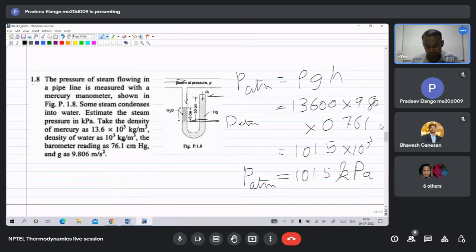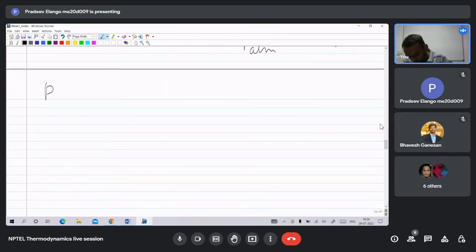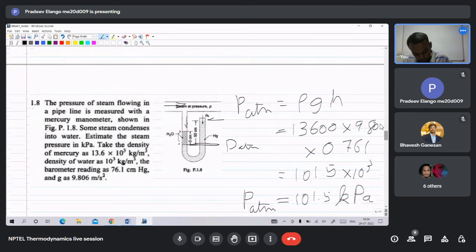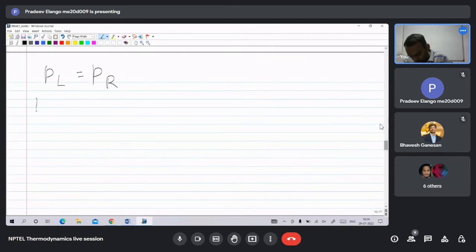The pressure from the datum point on the left hand limb should be equal to the pressure on the right hand limb. So equating that, the pressure on the left hand limb is given by two elements: the steam pressure, which we take as P, and the pressure due to the water column, rho GH.